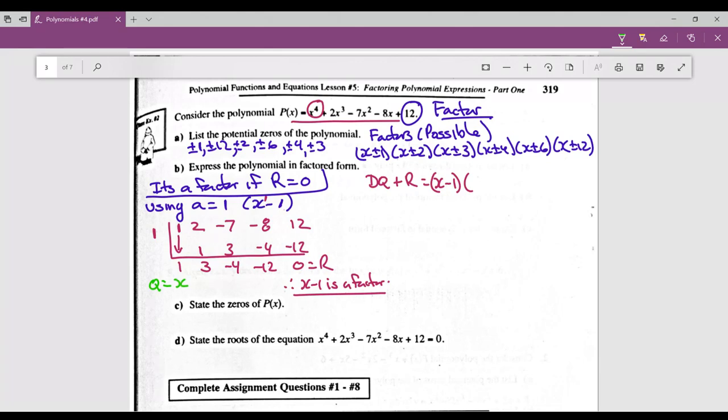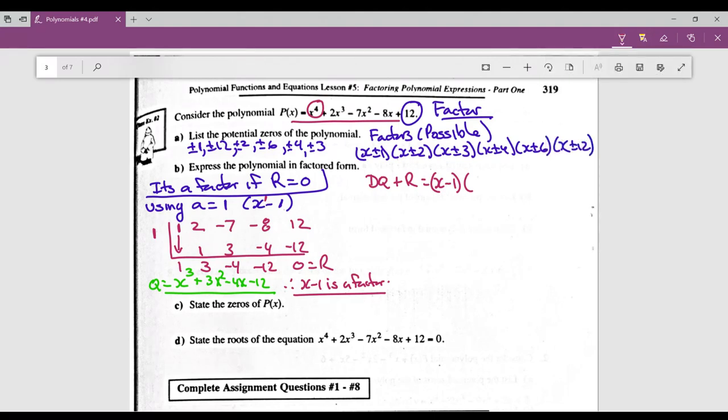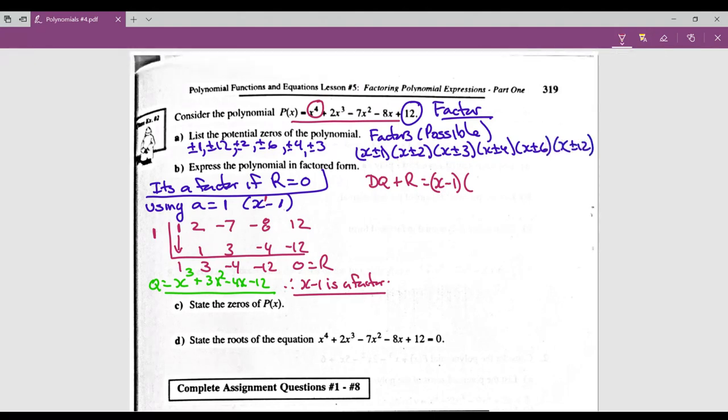So it's x cubed plus 3x squared minus 4x minus 12. That is our quotient. So that's what goes here, my q. So I get x cubed plus 3x squared minus 4x minus 12. And you normally go plus the remainder, which is 0, so you don't even have to write that.